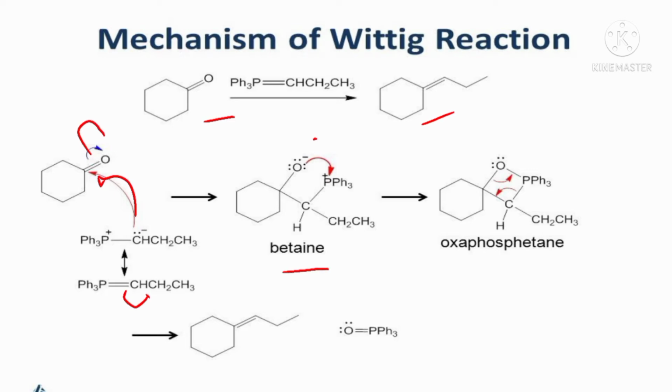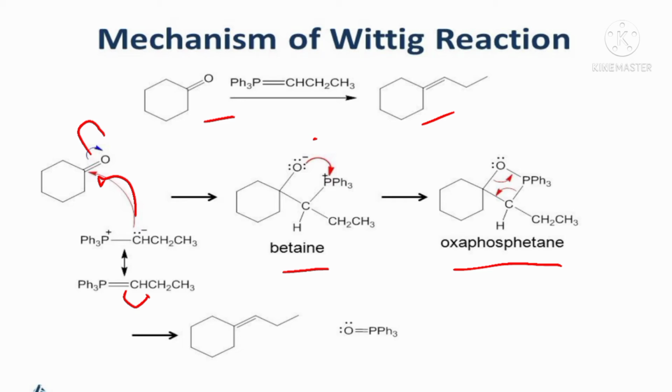Next, the negative charge on the oxygen atom attacks phosphorus, forming the oxaphosphetane through an oxygen-phosphorus bond. The oxygen-phosphorus bond is a stable bond, but in the oxaphosphetane there is a 4-membered cyclic ring.